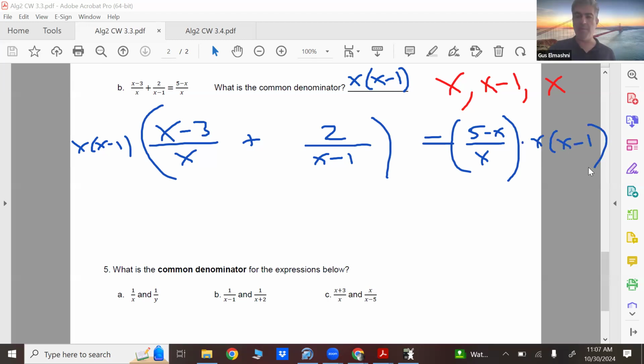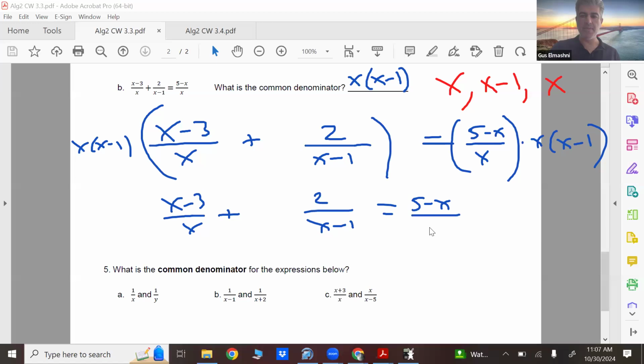If you guys can read that one on the right side. Okay, so I'm doing the same thing on each side. Now, let me rewrite one more time. This is the fun part. We'll do this in red.